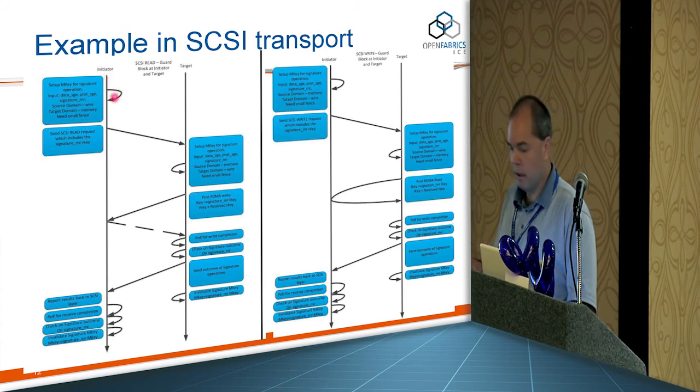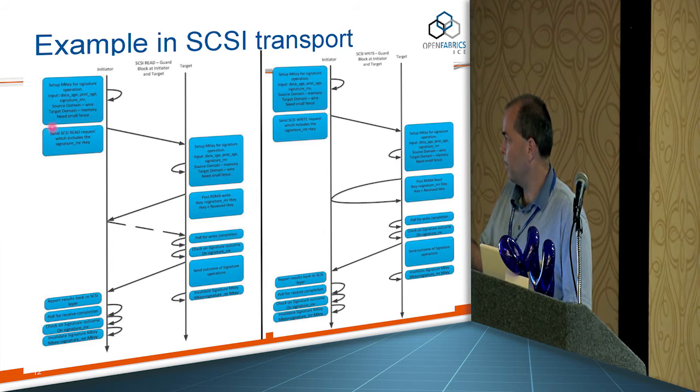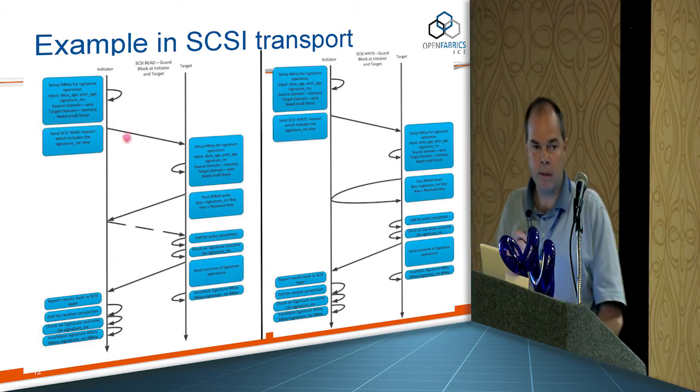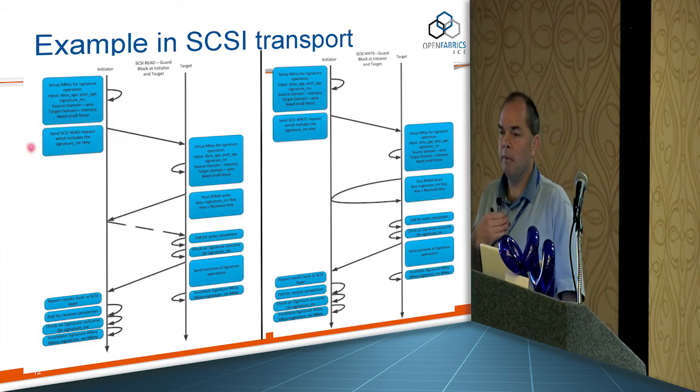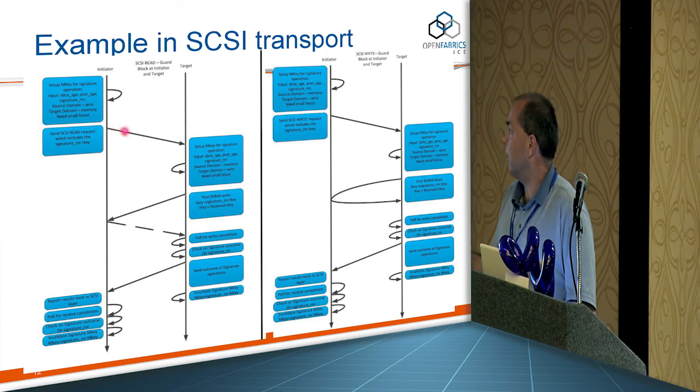You'll set up the memory keys, you'll set up the description of memory and the like. You'll also do whatever protocol is necessary for SCSI. Send that information. Post the work request to generate the memory key that describes the memory region to which the data is going to be read into. From the target, send the memory key to the target.